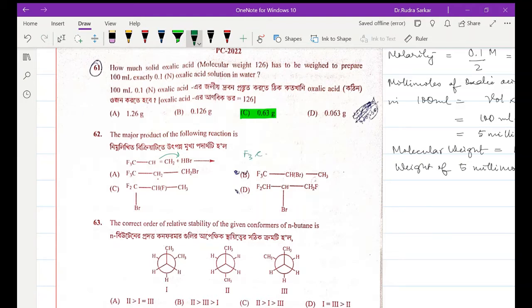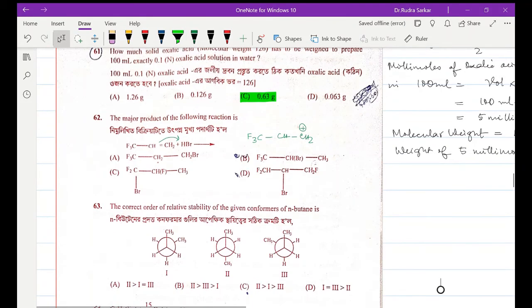So if you think in terms of stable carbocation, then obviously this will be the most stable carbocation, and not this one.